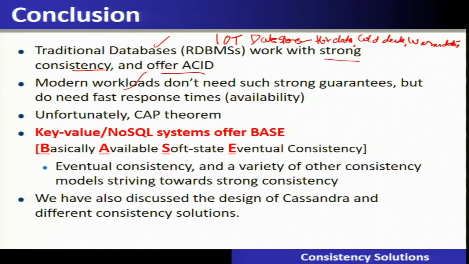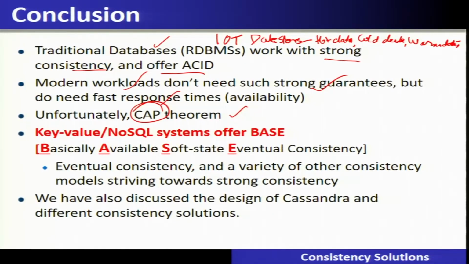However, today's workload, in which so many sensors are sending data to the cloud, requires time series data to be stored somewhere. It doesn't require these strong guarantees, but does need fast response time, that is, availability. Unfortunately, the CAP theorem says that it is not possible to abide by all three, that is consistency, availability and partition tolerance.